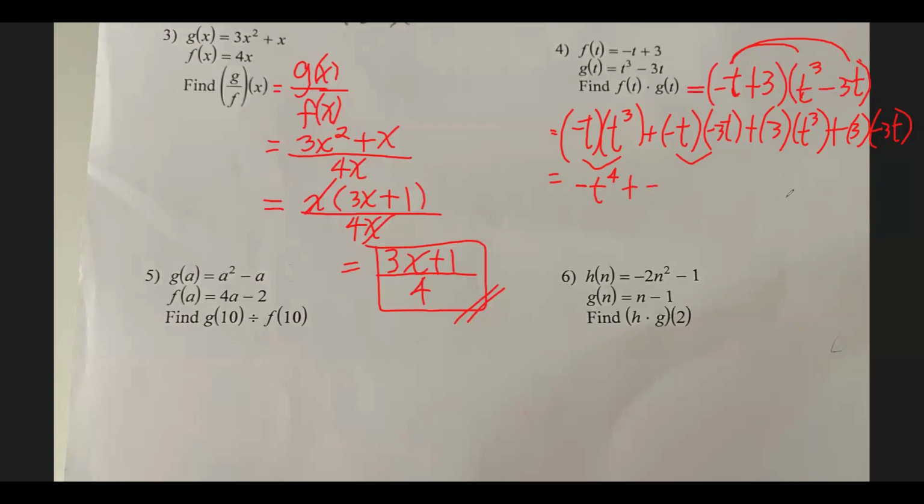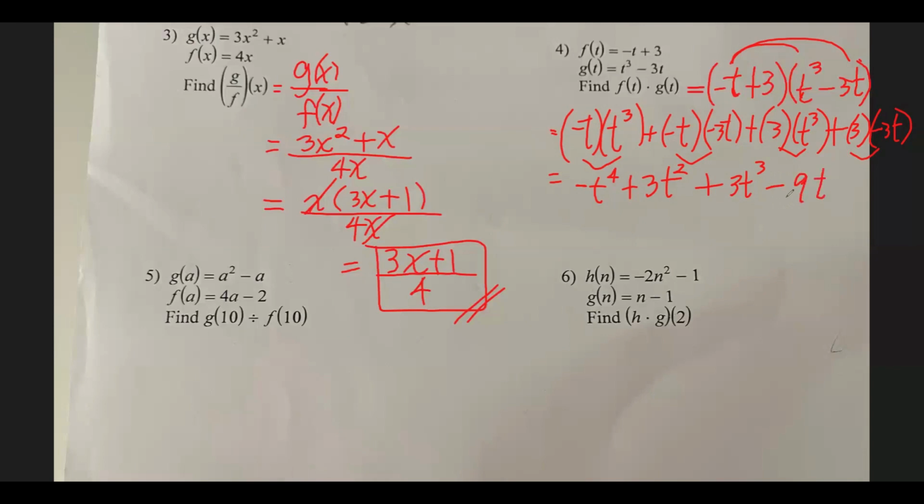Then there are 3t squared. Third term: they are both positive, therefore the answer is positive, and let's combine them, that is 3t cubed. Then the last term: they are opposite signs, so negative. Then 3 times negative 3 is negative 9t.